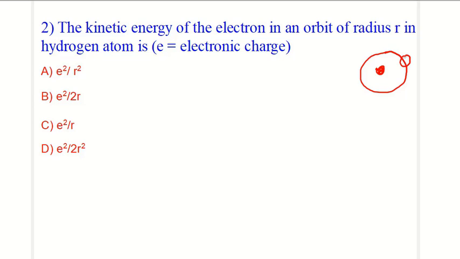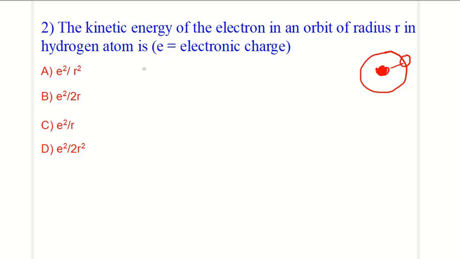So this is the electron, and inside here we have the proton. There is a force of attraction between the electron and proton, called the electrostatic force of attraction. Now this electron is revolving in a circular orbit, so it has some centripetal force. This centripetal force is provided by the electrostatic force of attraction between the proton and the electron.